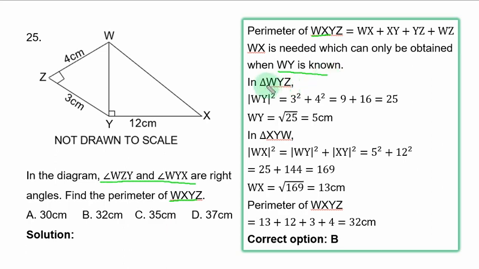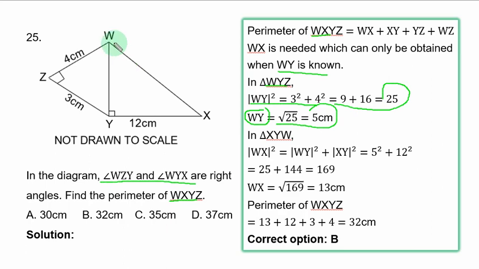In triangle WYZ, you have WY, the hypotenuse. The square of it is equal to the sum of squares on the other two sides, that is 3 squared plus 4 squared, that is 9 plus 16 equal to 25. So WY is equal to square root of 25, and that is 5.